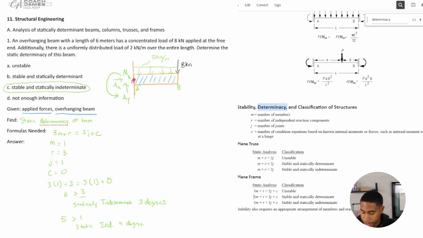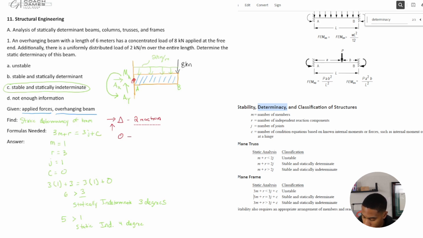Another thing, you're not always going to be given a fixed reaction, right? So good review. How many reactions are on a pin? So you have 2. And so, right, we have our reaction in the X direction and in the Y direction.